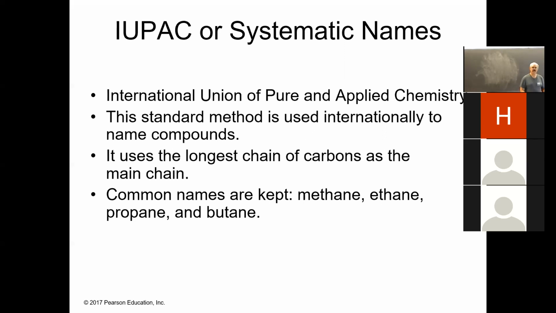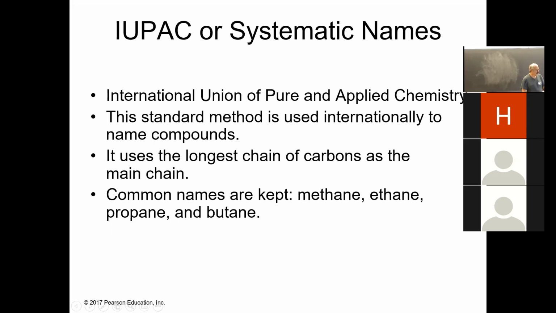IUPAC is the organization that officially recognizes definitions of units of measurement. They also officially recognize the names of elements. Okay, if someone discovers a new element, then it doesn't become official until IUPAC recognizes that.